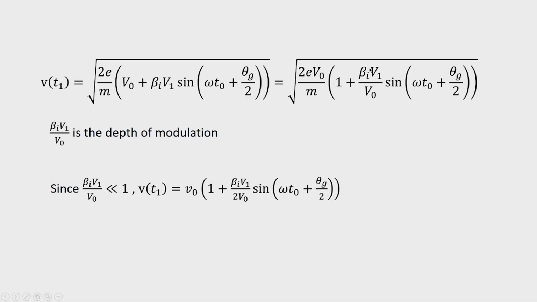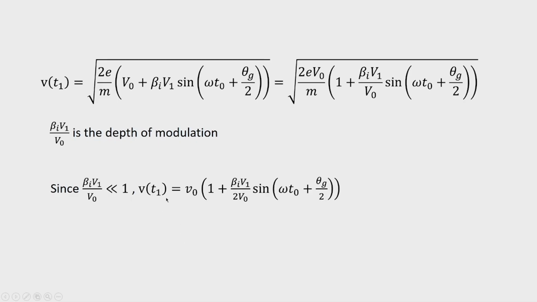Therefore, this entire term will be very small compared to 1, and then we can write root 2 E V naught by m is equal to small v naught, the velocity of the electron only under the applied DC field, and here we can do a Taylor series expansion. So, this is approximately V naught into 1 plus beta I V1 by 2 V naught, this half is coming from this square root, sin omega t naught plus theta g by 2.